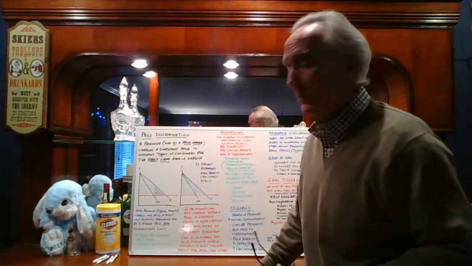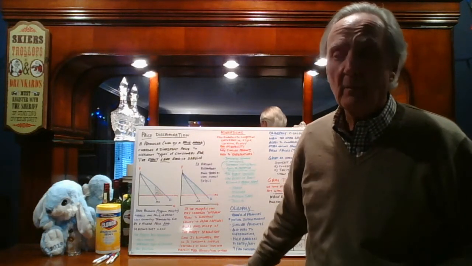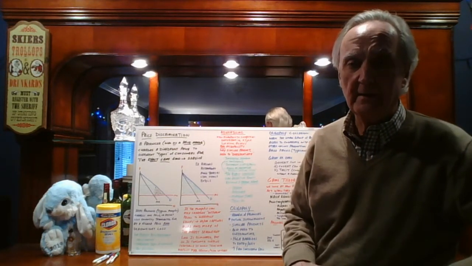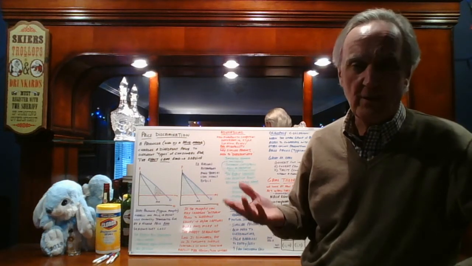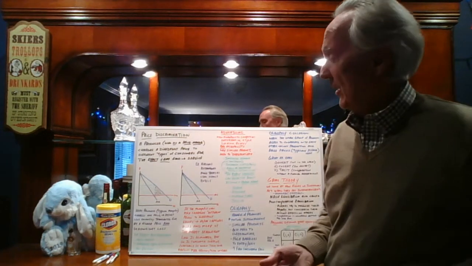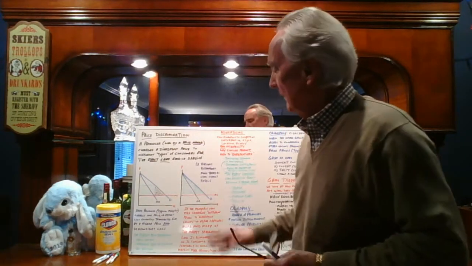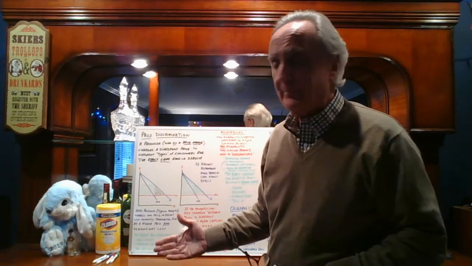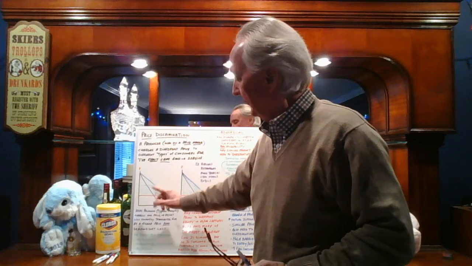So in general, what does a monopolist do? Cuts back on production, makes less quantity, basically as a rule of thumb, to charge a higher price. This is a really simplified graph. We have a monopolist, and we have the demand and marginal revenue curves.